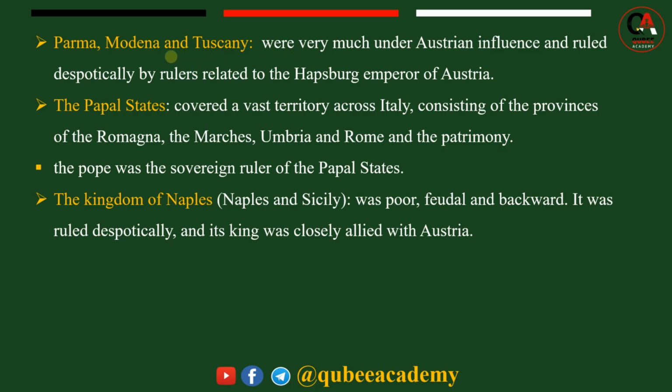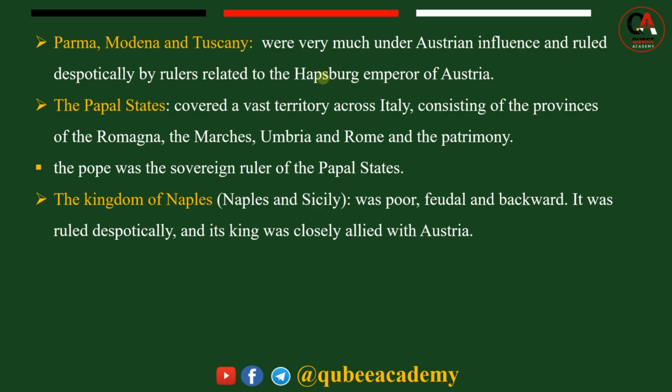In Northern Central Italy, there were other small states: Parma, Modena, and Tuscany. They were very much under Austrian influence and ruled by rulers related to the Habsburg Emperor of Austria.